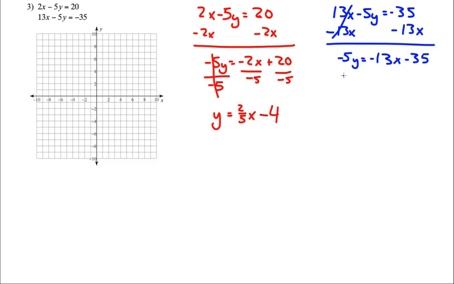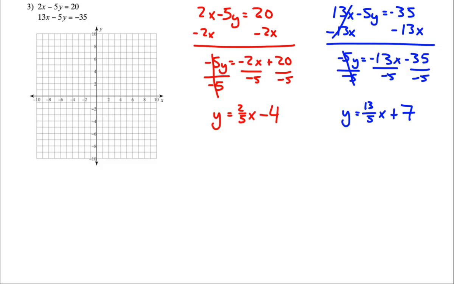And now I want to divide by -5 because I want to isolate my y. So I'm going to do that to all my terms. And when I do that, those -5's cancel, so I'm left with y, and that's going to equal a negative over a negative is a positive, 13/5 x. A negative over a negative is a positive, and 35 over 5 is 7.